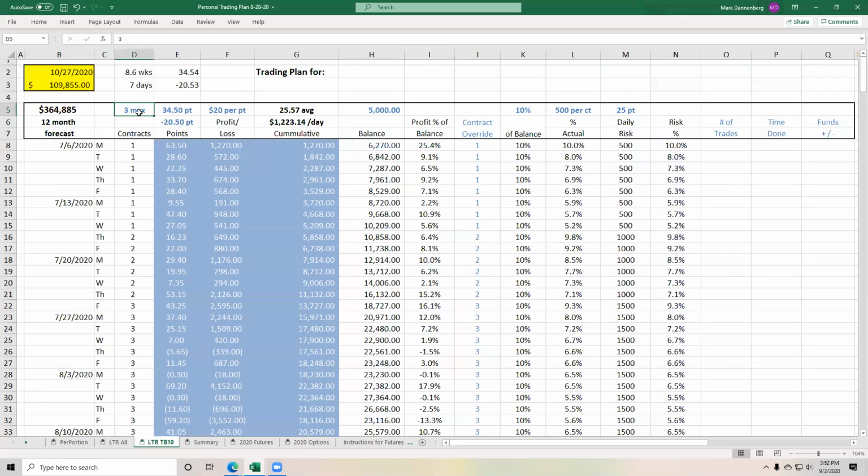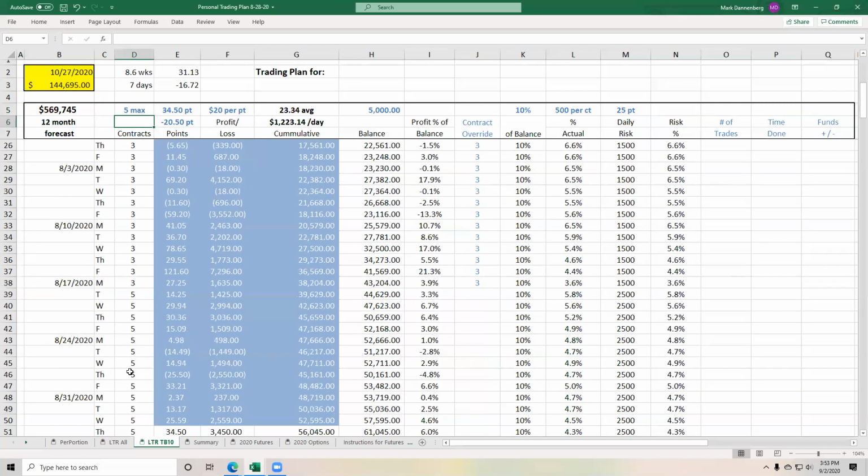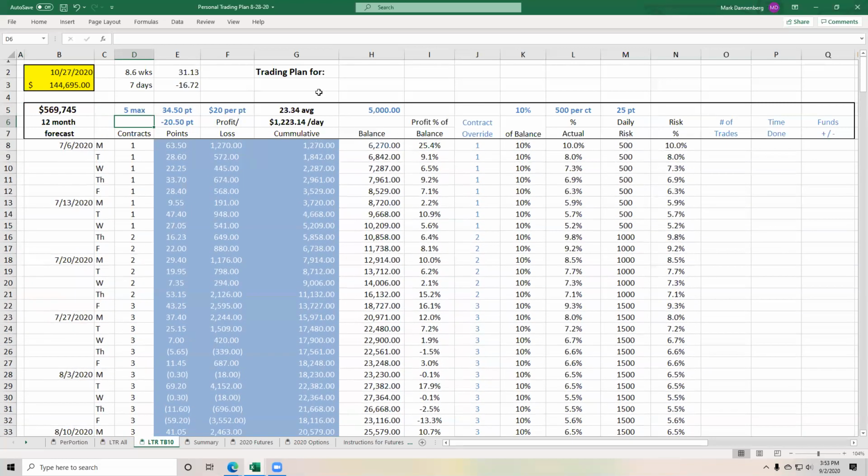And if you decided that you wanted to change that to maybe 5 contract max, or you can make it whatever you want. You can make it 100, which wouldn't be practical, but you can make it whatever you want. But if you wanted to increase your maximum contract size to 5 contracts, it will only allow you to scale up to 5 contracts if there is sufficient funds in the account.